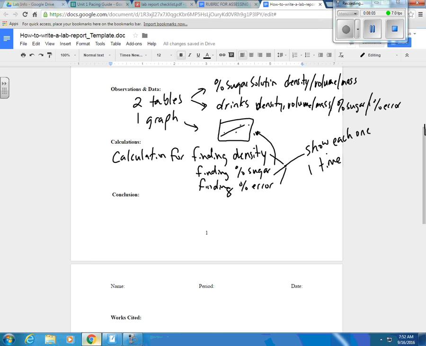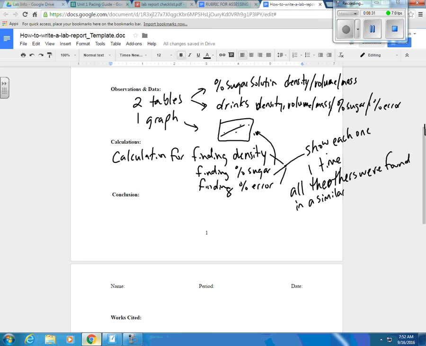All right? And then the rest of them, it's just assumed that you found the rest of the densities in the same way. It's assumed that you found the rest of the percent sugars in the same way. It's assumed that you found the rest of the percent errors in the same way. All the others in a similar way.